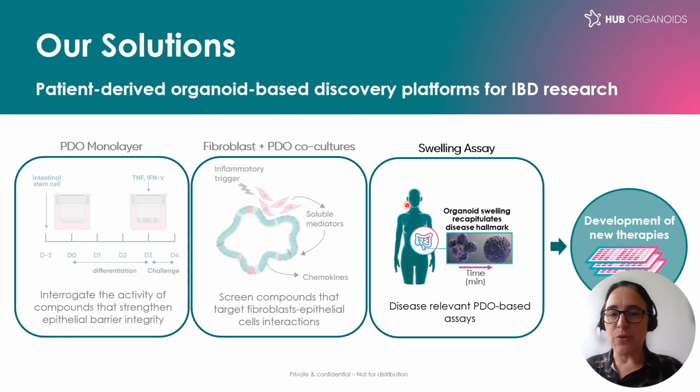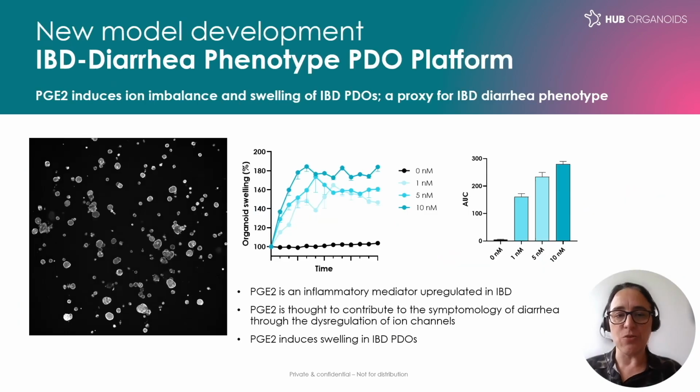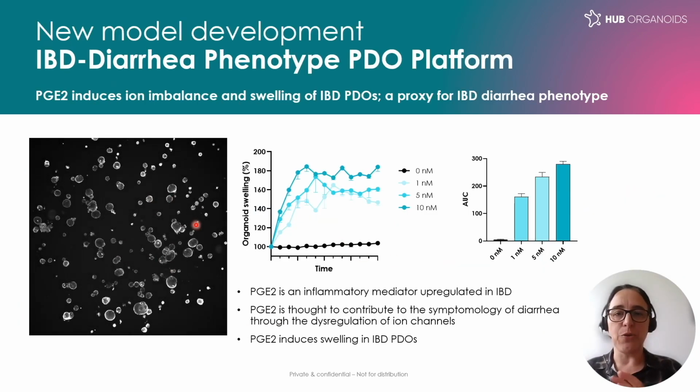So with this, I will also have one or two more slides about how we also developed a swelling assay as a disease-relevant PDO-based assay, since this kind of organoid swelling has already been correlated to a proxy for IBD diarrhea phenotype.